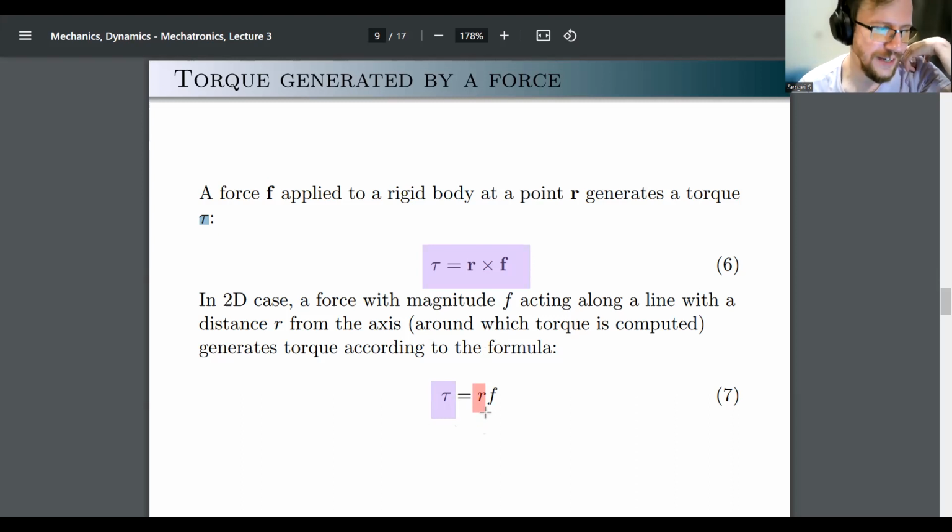So the distance between the line and the point is, let me draw it. Line, point. The distance between them is defined as having a perpendicular. Oops, sorry. You have a perpendicular line drawn through this point to the line.